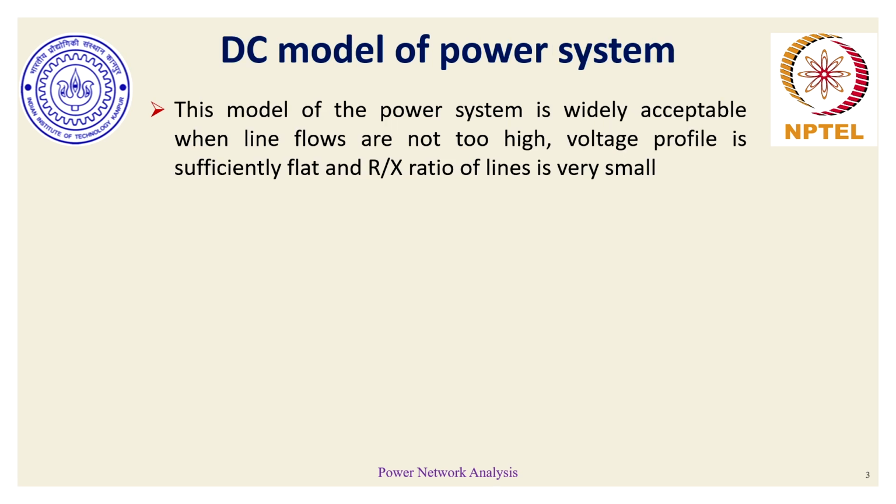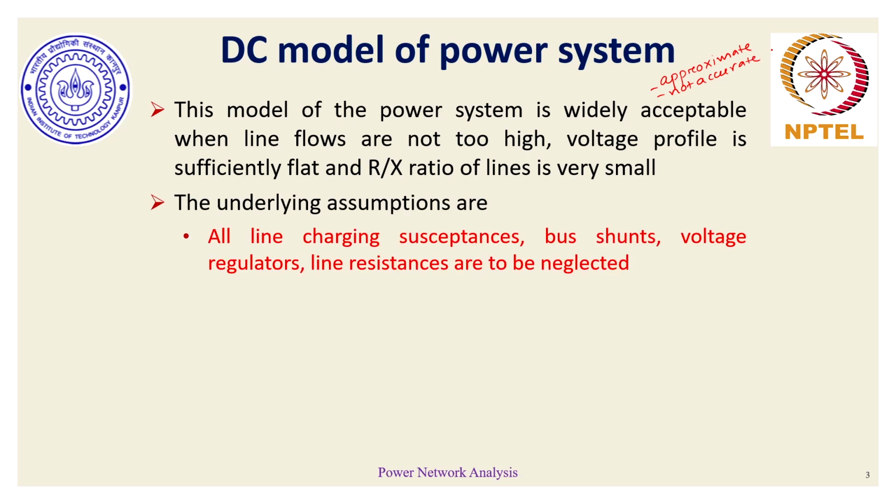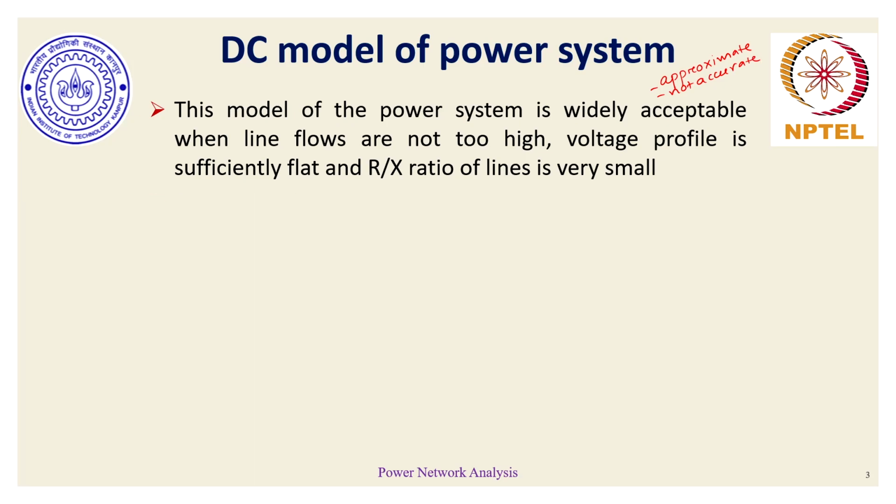So DC power flow, or essentially the DC model of the system, is at the outset an approximate model. It's not a practical or accurate model. It's an approximate model which power network engineers, over the years, with their experience of how networks operate, have figured out.